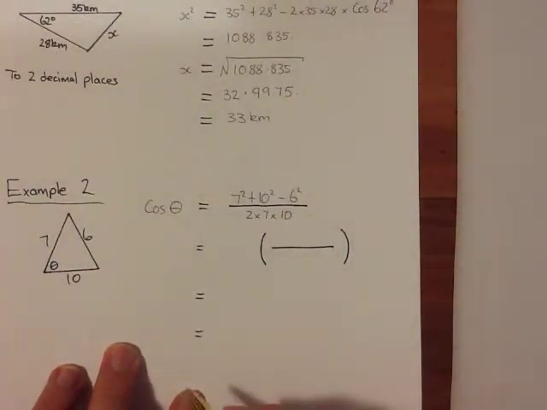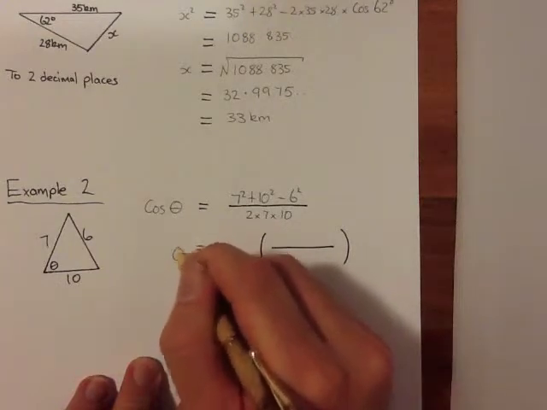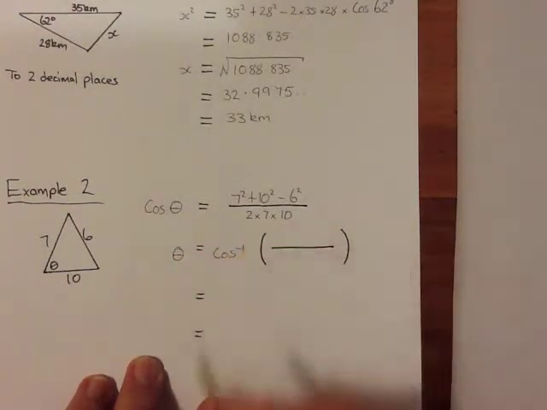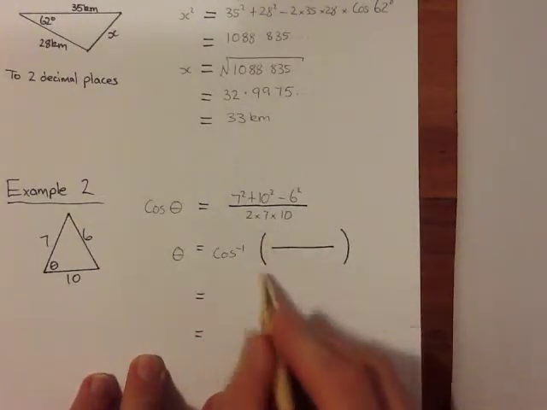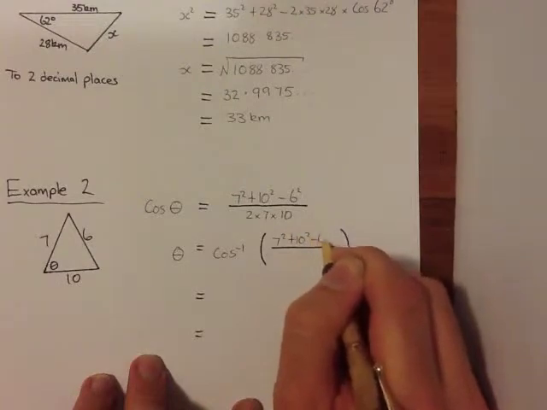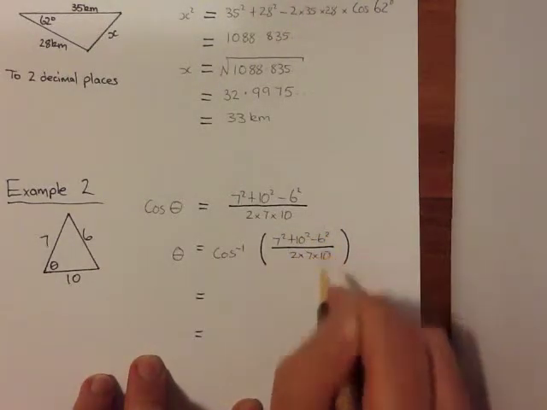Like before in trigonometry, to get theta by itself, we need to use inverse cos, which is shift cos on your calculator, bracket 7 squared plus 10 squared minus 6 squared all over 2 times 7 times 10.